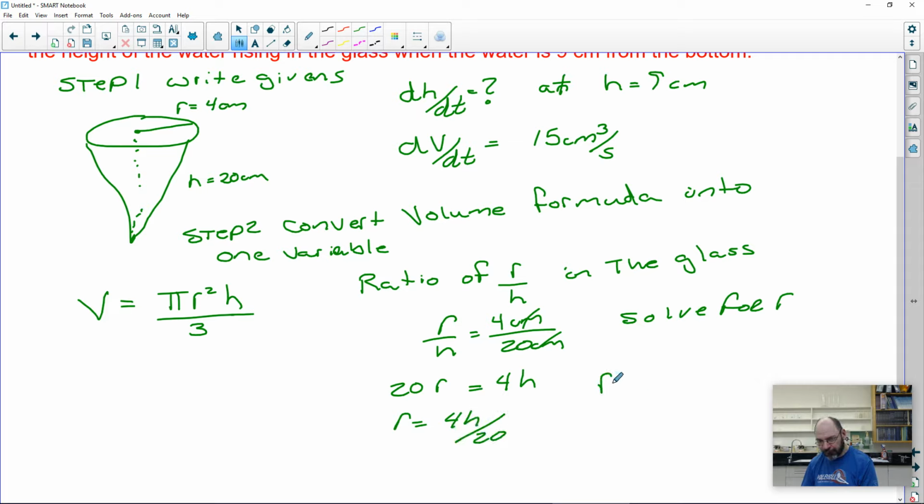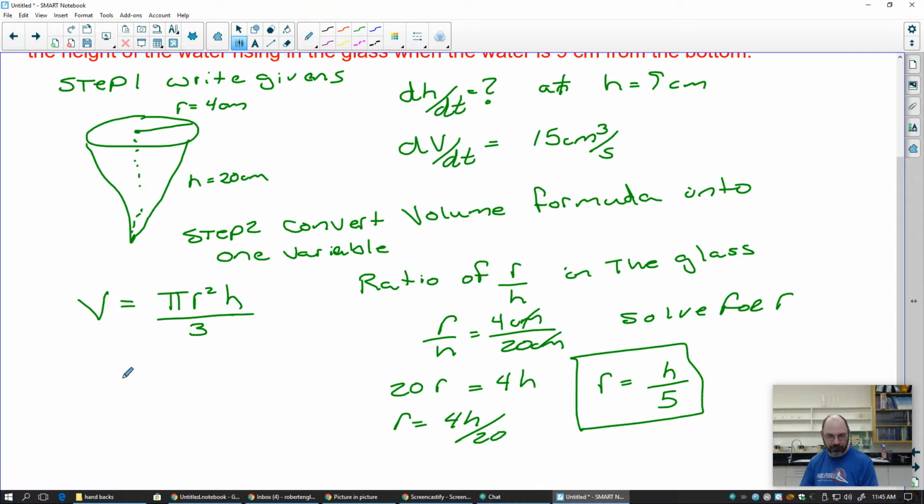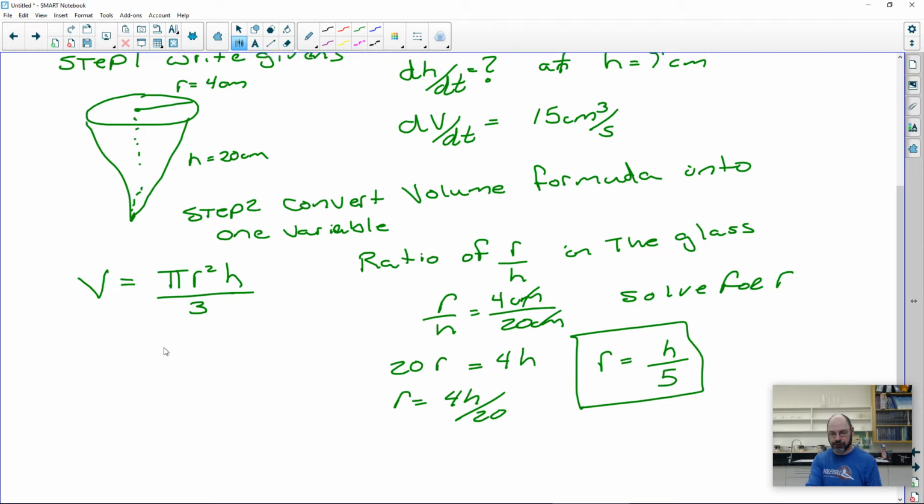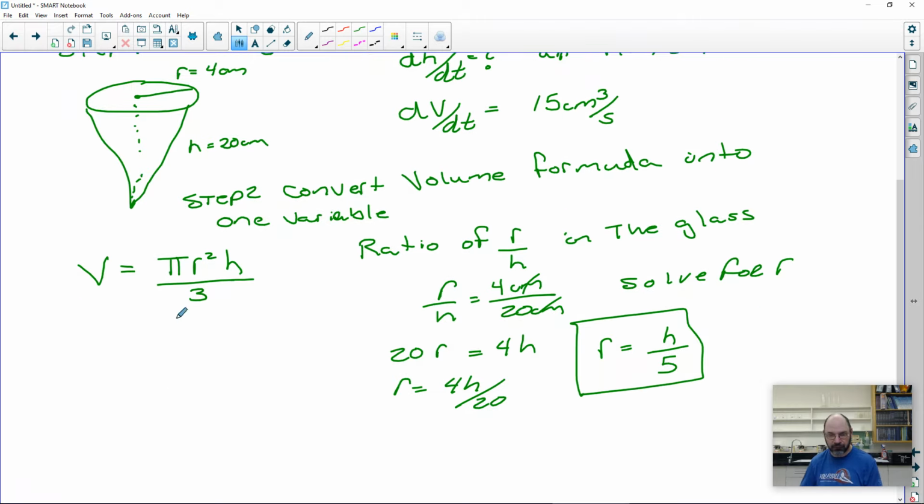So R equals, if we reduce that, we can divide both by 4, H over 5 in the particular glass. Okay, now that can be plugged into the volume formula to get it in terms of H. So let's plug it in, do the ratio of the glass, and then plug into the volume formula.